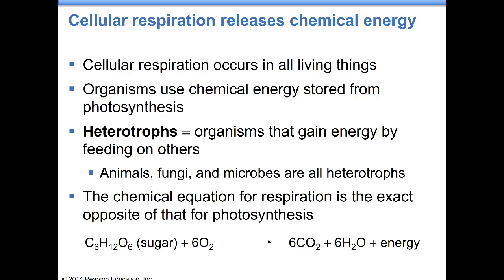Heterotrophs are the organisms that gain energy by feeding off of other organisms. They're going to feed off of plants, animals and fungi. So animals, fungi, and microbes are all considered heterotrophs because they cannot produce their own food. They have to consume it in another way.